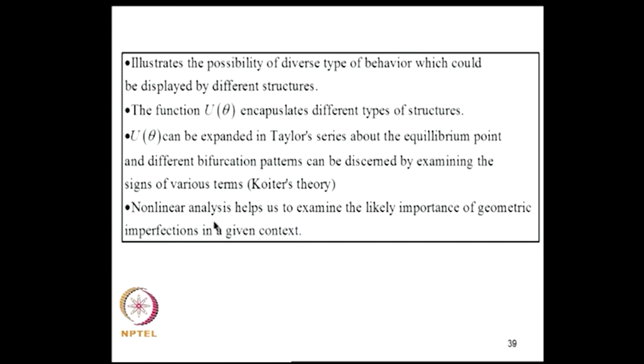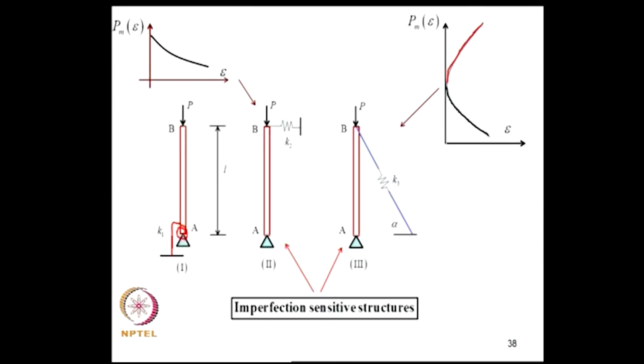Here the nonlinear analysis helps us to examine the likely importance of geometric imperfections in a given context. So, it is the interaction between nonlinearity and geometric imperfections that explains the paradox that I mentioned. No structure can be fabricated in an ideal manner; imperfections are inevitable.